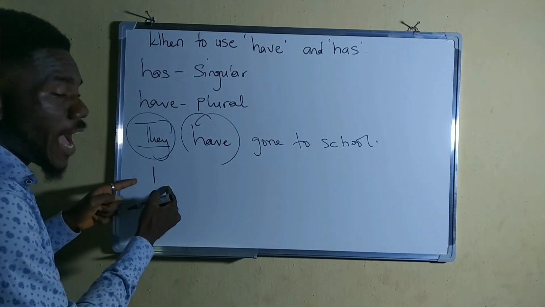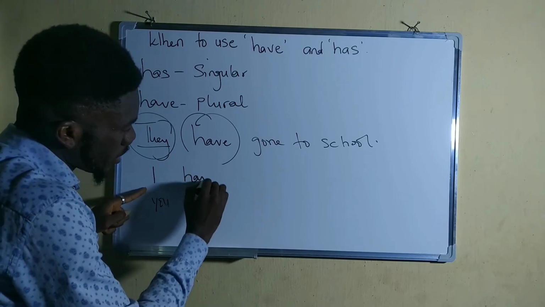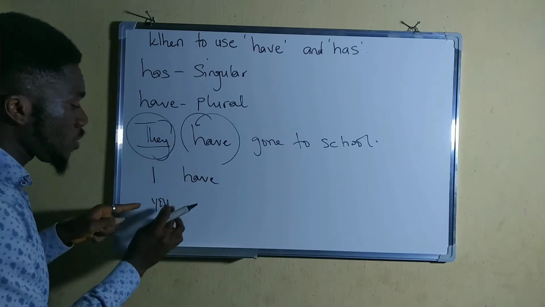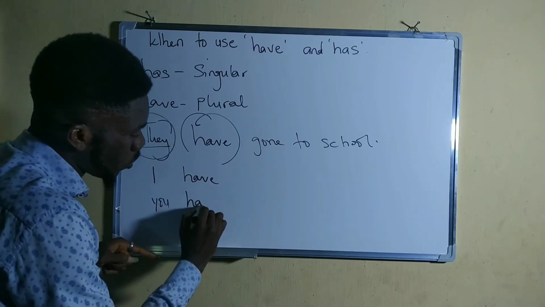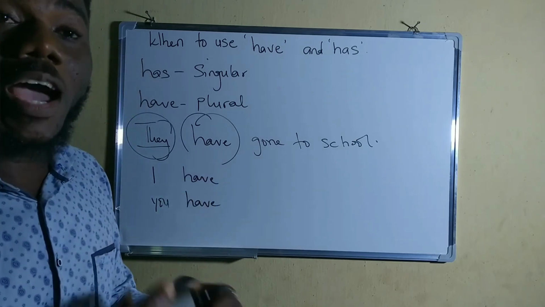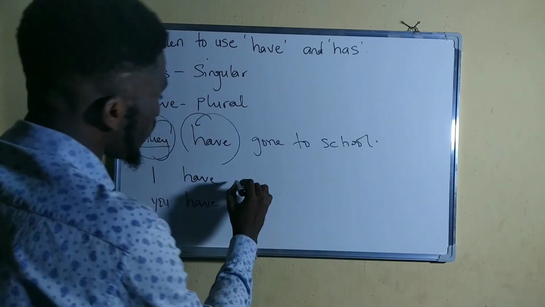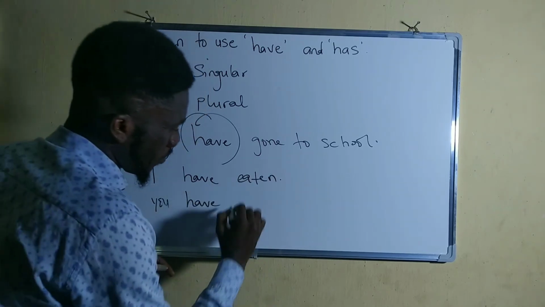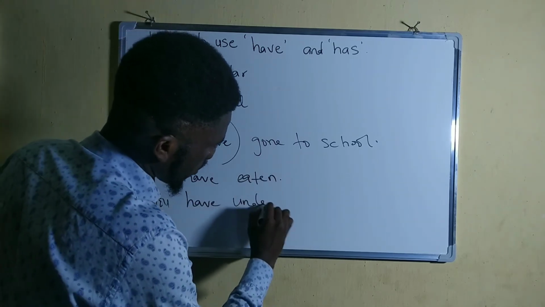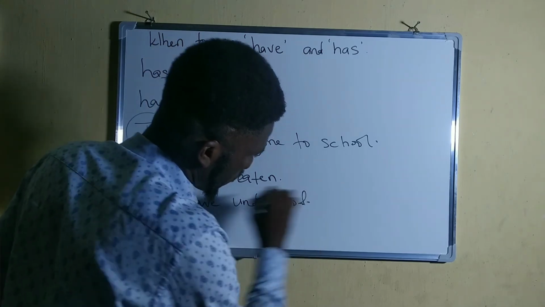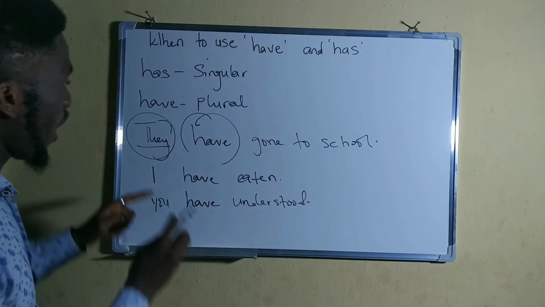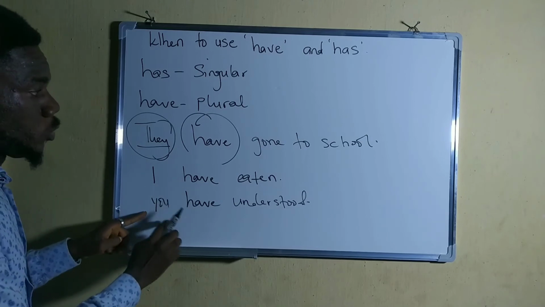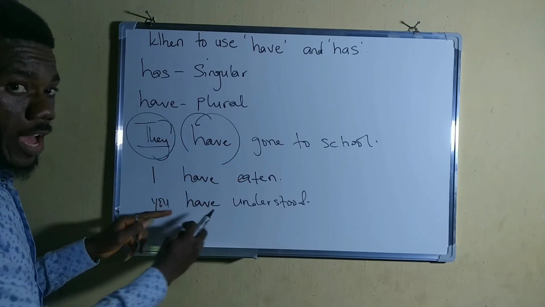Whenever you are talking about I, it must go with have. And whenever you're talking about you, you must also go with have. This is why we have a sentence like, I have eaten. You have understood. For instance, whenever you have they or I or you, you must make use of have.